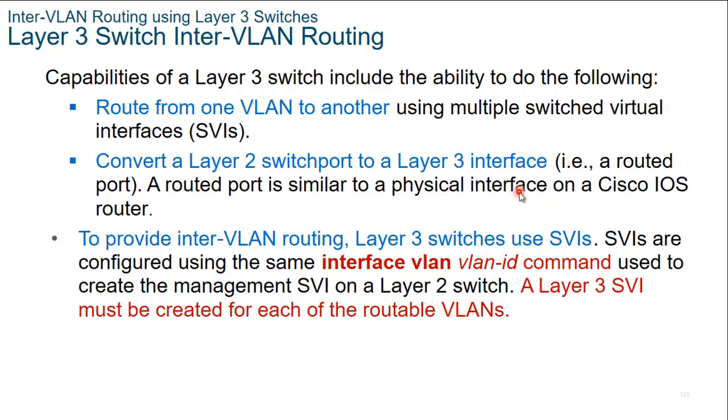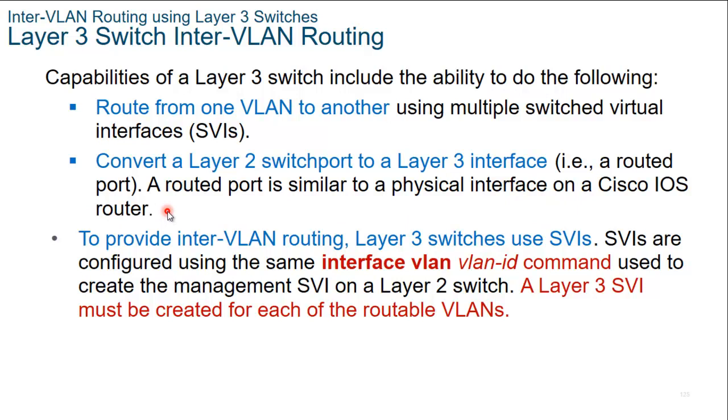Capabilities of a layer 3 switch include, one, the capability to route from one VLAN to another using multiple SVIs, or switched virtual interfaces. Secondly, to convert a layer 2 switch port to a layer 3 interface, that is, to take a switch port or access port and make it into a routed port. A routed port is similar to a physical interface on a Cisco IOS router.